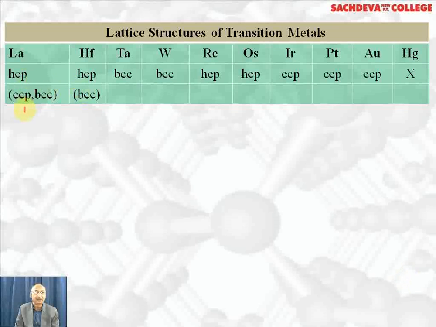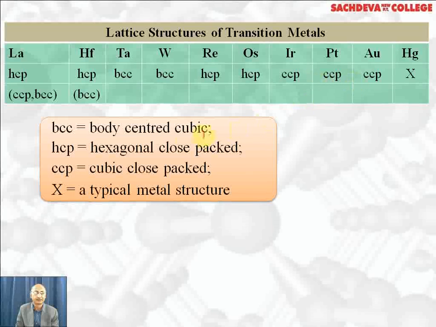Lanthanum HCP, CCP and BCC, hafnium HCP, BCC, tantalum BCC, tungsten BCC, rhenium HCP, osmium HCP, iridium CCP, platinum CCP, gold CCP, and mercury has normal metallic structure. It is liquid. BCC stands for body centered cubic, HCP is hexagonal closed packing, CCP is cubic closed packing, and X is typical metal structure.